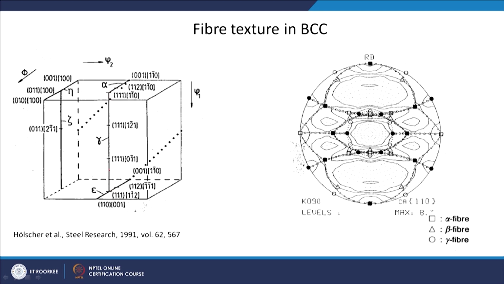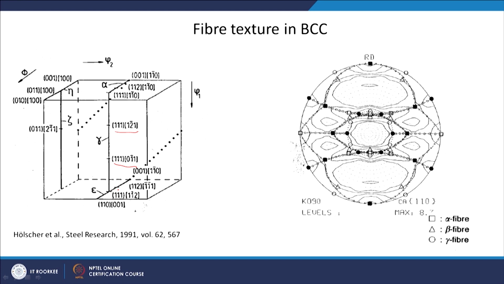It starts from 111 110, then 111 121, then 111 011 and so on. So a complete fiber is there in the Euler space, and there are other fibers also mentioned on the Euler space.